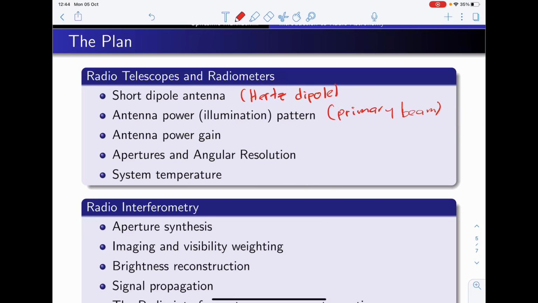We're going to study the antenna power gain and apertures, and then apertures and angular resolution. And then finally, we're going to study system temperature and telescope sensitivity.